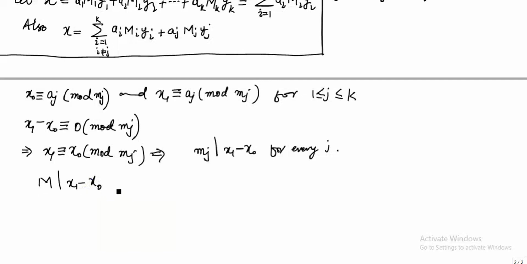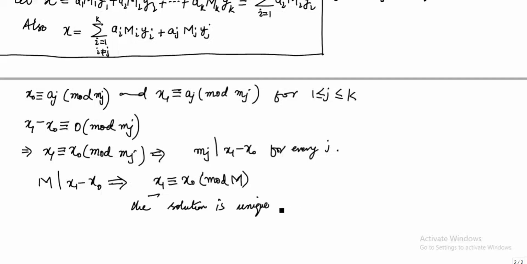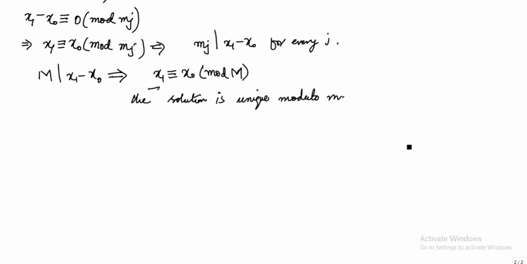By the definition of congruence, x1 is congruent to x null modulo m, and this shows that the solution is unique modulo m. Okay, let's have an example.